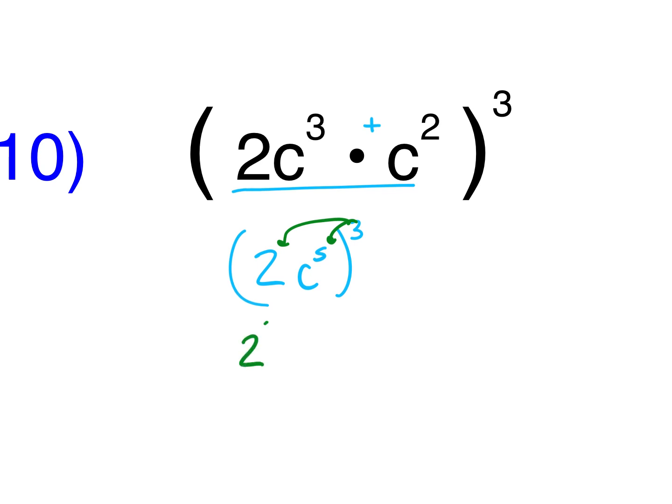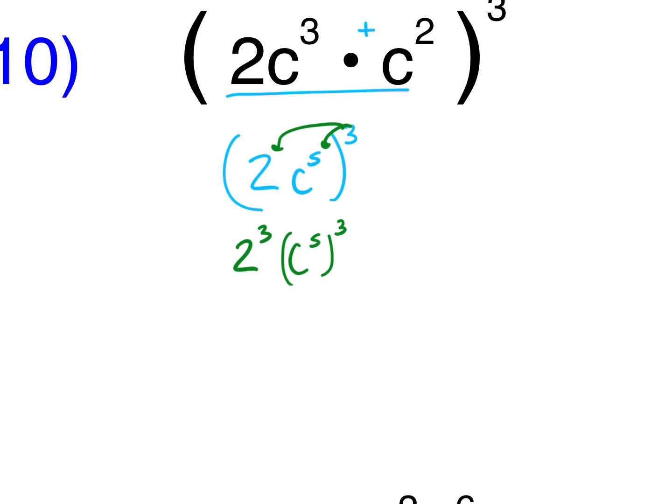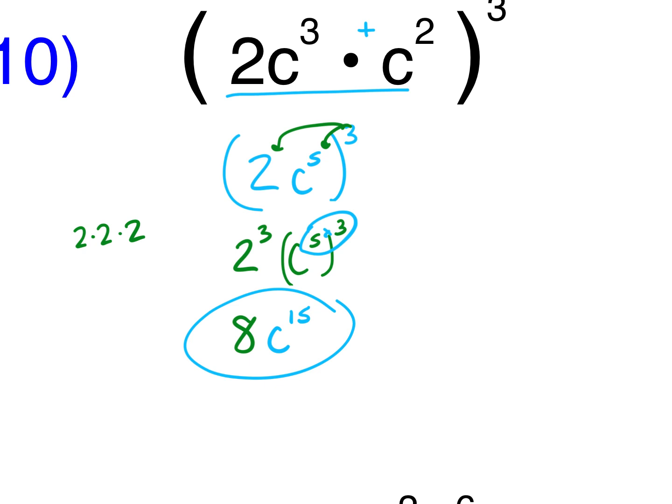So 2 to the 3rd power, c to the 5th power to the 3rd power. What's 2 to the 3rd power? 2 times 2 times 2. 8. Awesome. And then when we have a power raised to a power, what do we do? Multiply. So it'd be c to the 15th power. Questions here?